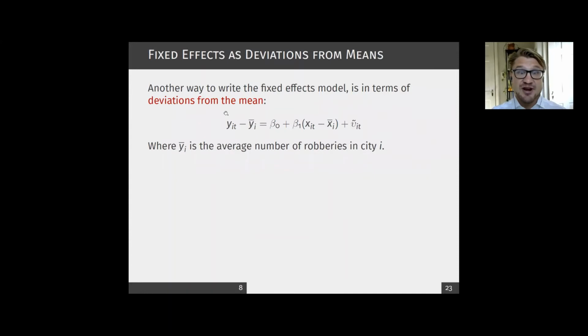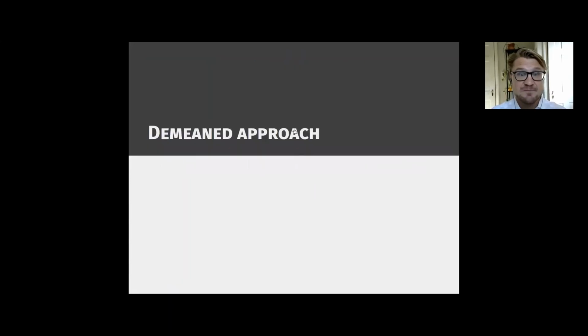And so you just subtract from that time period's very specific value of the number of robberies the mean, the average in that city. And you do the same for the number of police. You take the average number of police across time in that very specific city and subtract it from the actual number of police in that specific time period.